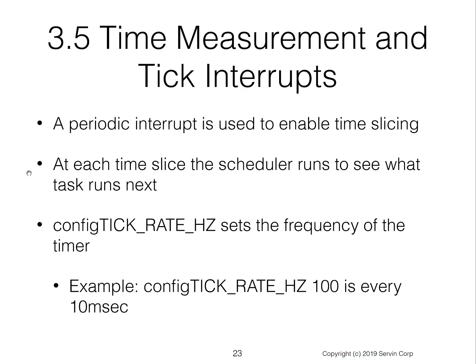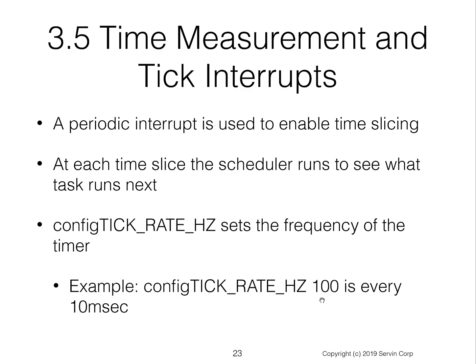At each time slice, the scheduler is going to run and see, okay, this task runs next. You actually have a configuration option, config tick rate hertz, and that sets the frequency of the timer. So how often do you want this tick to occur, where you can preempt what's running and see what needs to run next?